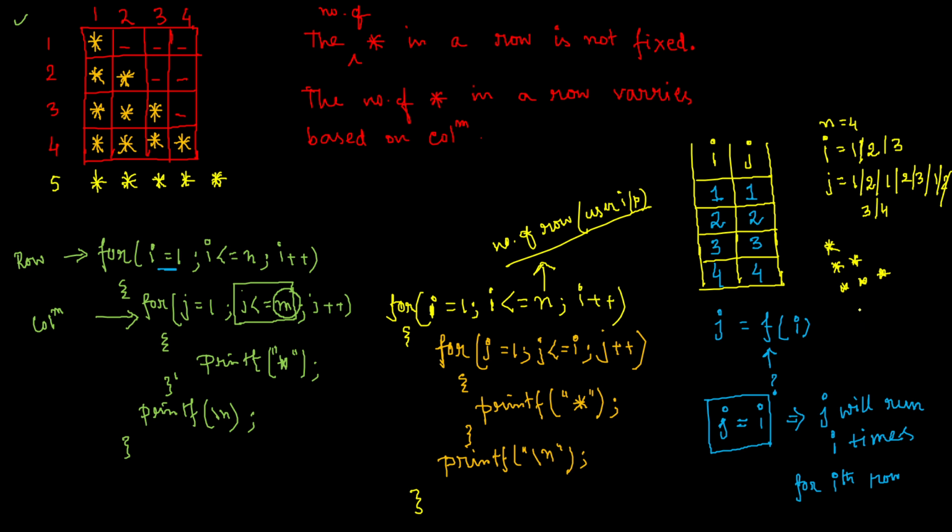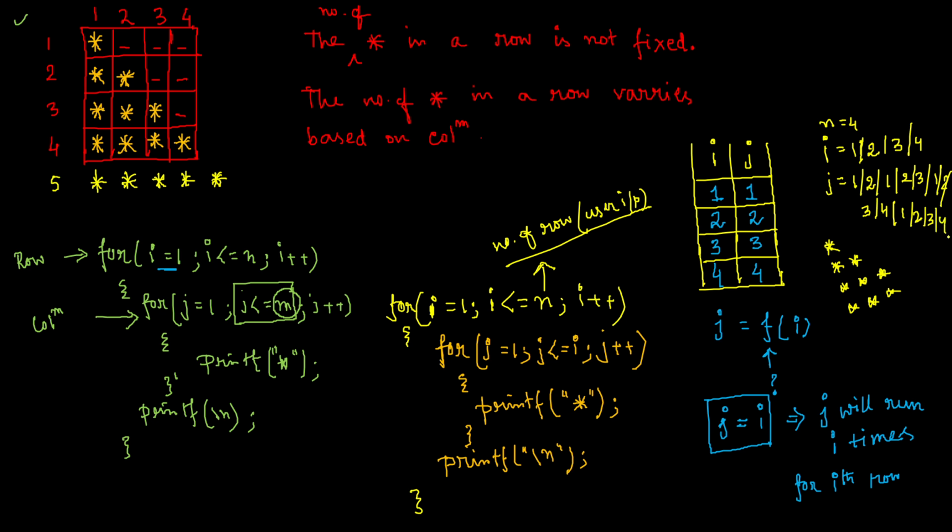Loop will break, cursor will come here, i will be incremented by 1, it will become 4, 4 less than equal to 4 correct, so it will enter, and j will be initialized to 1 again, right? So 1 less than equal to 4 correct, it will print. For j equal to 2 again correct, print. For j equal to 3 again correct, print.